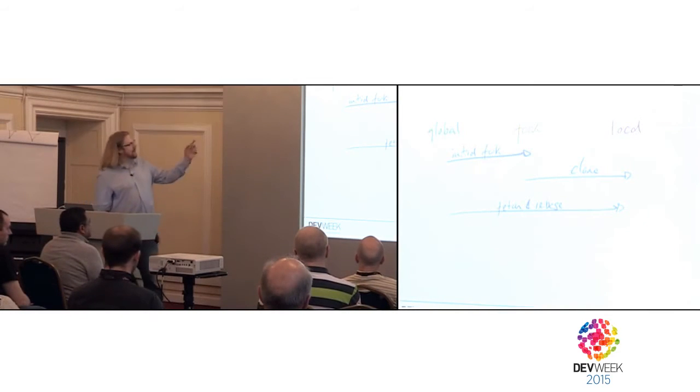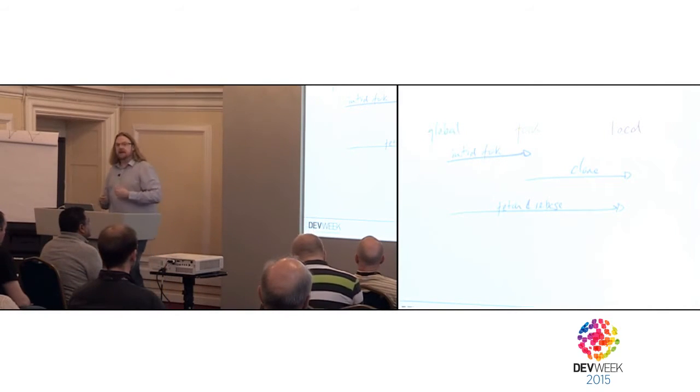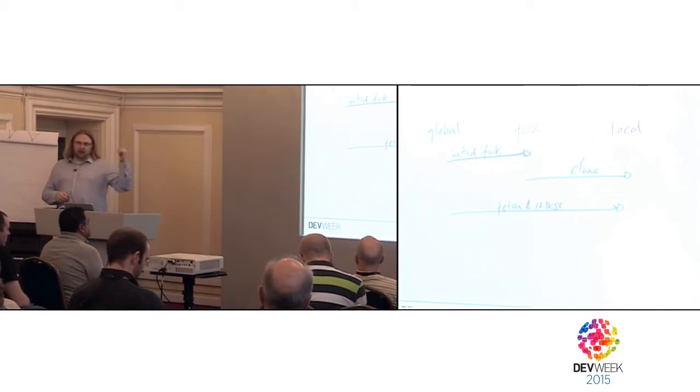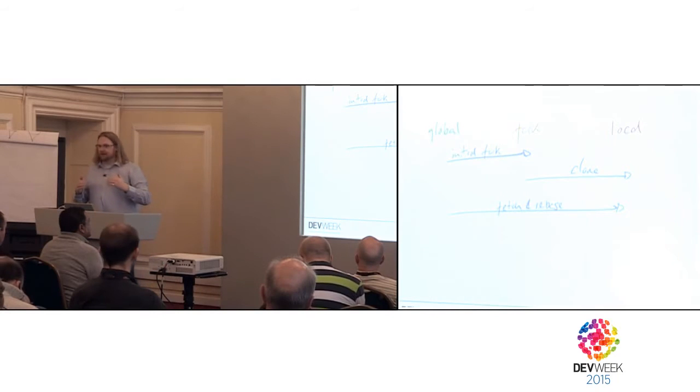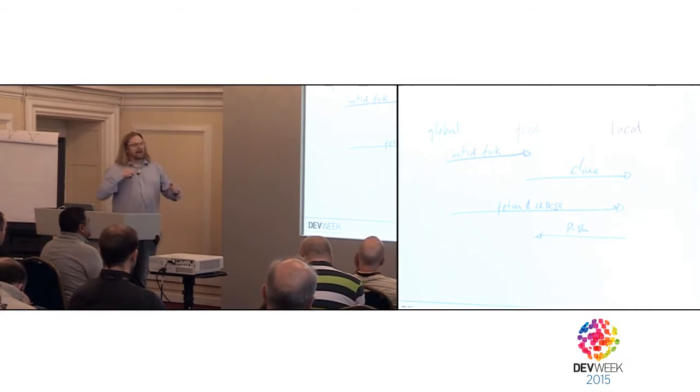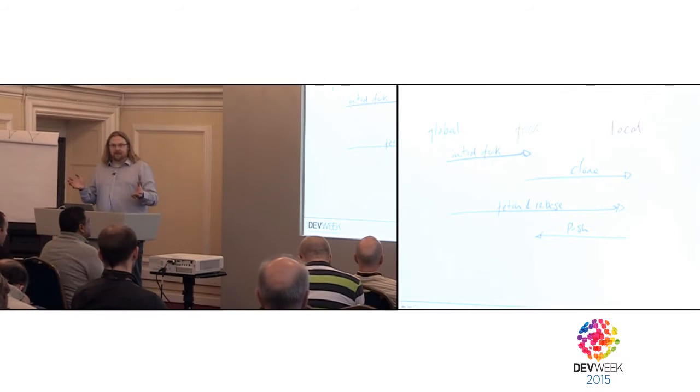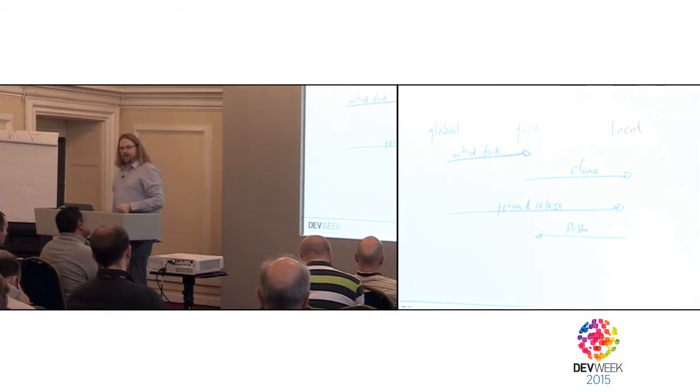Because what we then do on a daily basis is fetch and rebase from global. So any changes that other developers have made, we pull from the global, and all the shards will match because that's where it originally came from. And then when your changes are done, you've worked on the feature, we push to the fork.